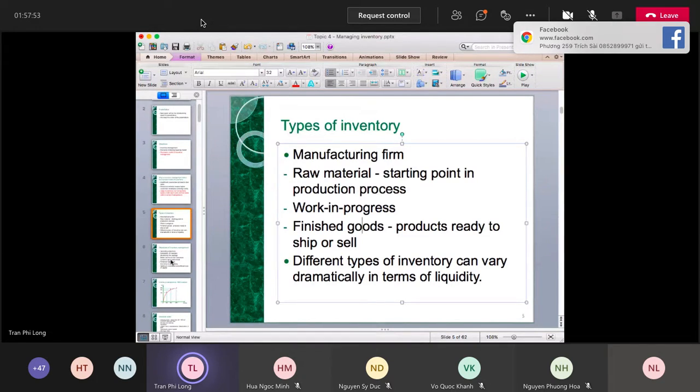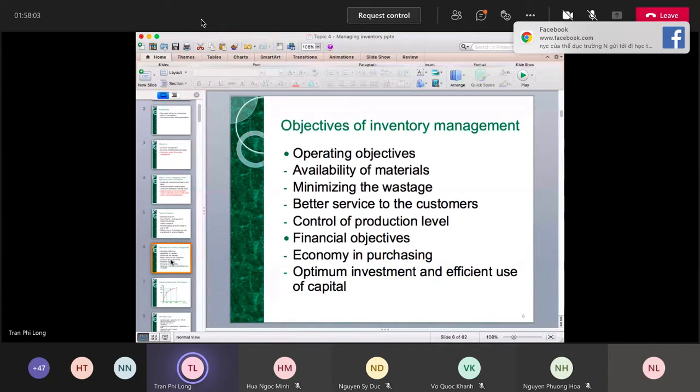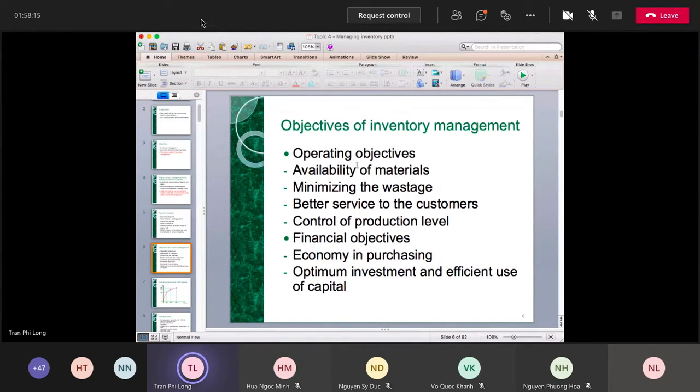Okay, so this slide shows you the objectives of inventory management. Basically we have the operating objective and the financial objective. For the operating objective, we need to store inventory to make sure that the company has enough raw materials.